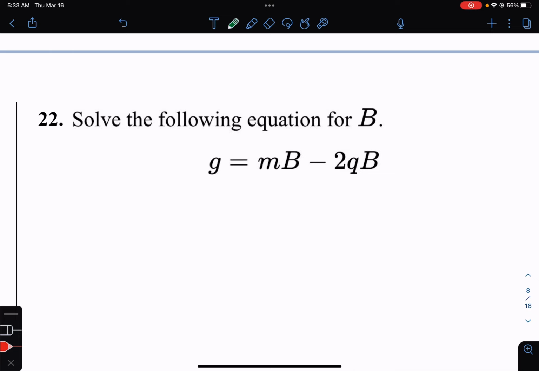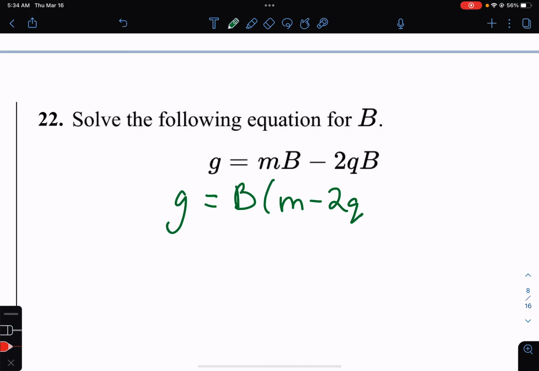All right. So the problem here is we have two b's. We have to get these guys by themselves. So one way you can do this is get everything that has a b on the same side, which for us, we already have that. And then what you can do is factor that b out.